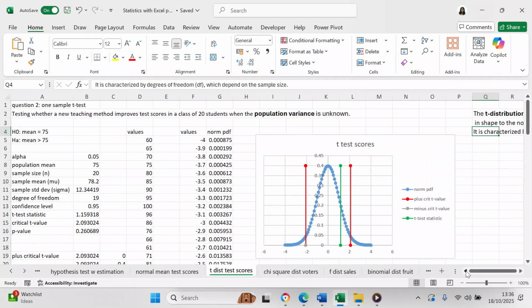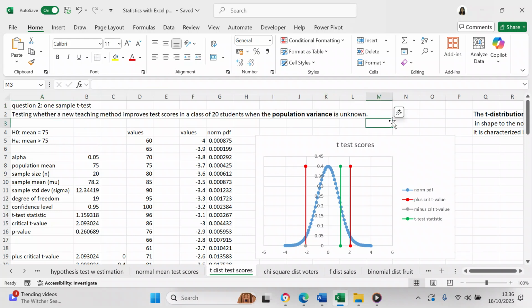Okay, so we've got a practice question for a one sample t-test, and we're going to test whether a new teaching method improves test scores in a class of 20 students when the population variance is unknown.